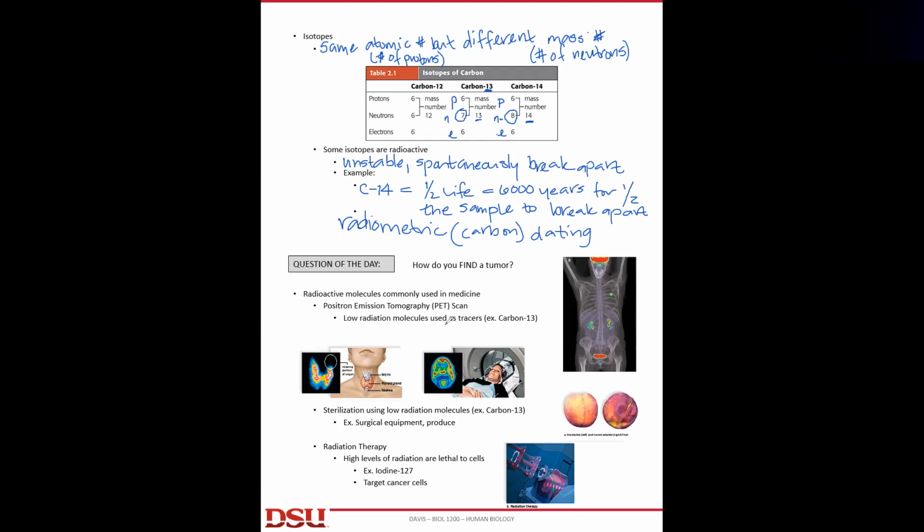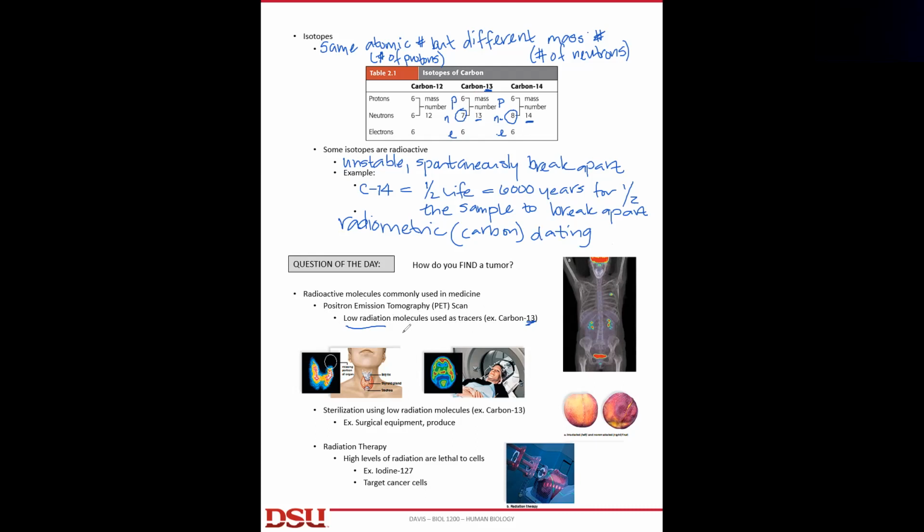Okay, it uses lower radiation molecules like carbon 13, which, if you remember, if you come up here, has 7 neutrons instead of only 6. Okay, this is lower radiation, meaning you're not getting nearly the dose of radioactive energy that you would get if you were exposed to the same amount of plutonium.